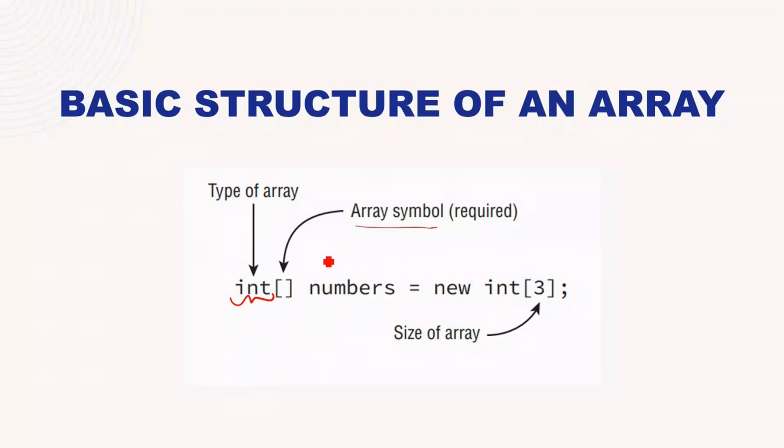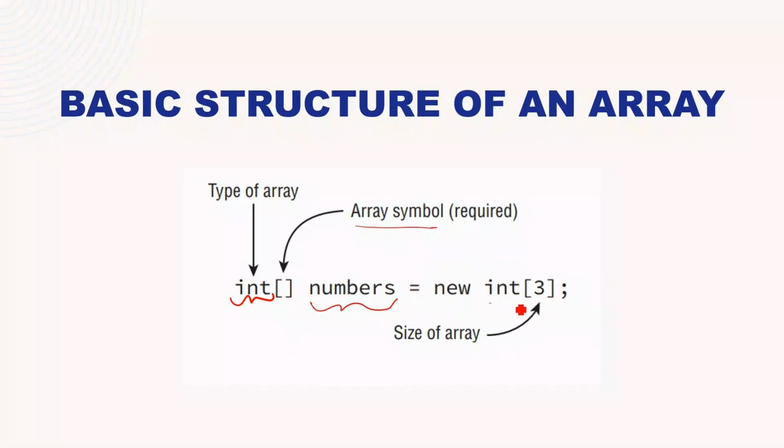Then this is the array symbol, which is a pair of square brackets, and as this is a single dimensional array, it is one pair. If you create multi-dimensional arrays, then you have to specify two pairs, and n pairs of brackets for n-dimensional arrays. Then you have the variable name over here. Then you have to use the new keyword, and remember, this is one way of creating an array, but this is the basic structure of how we create an array.